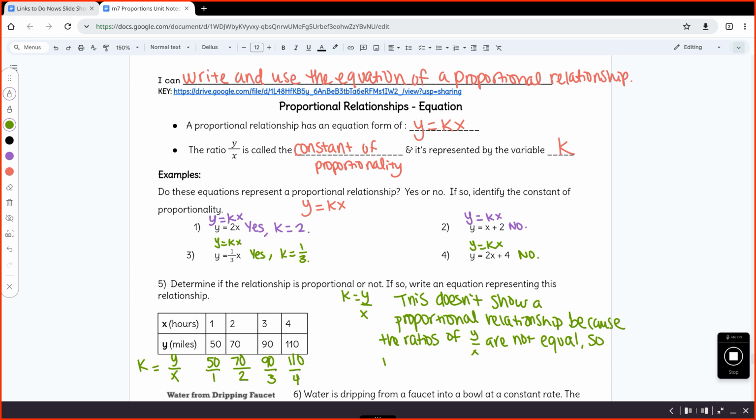So there's no constant of proportionality, which is k.